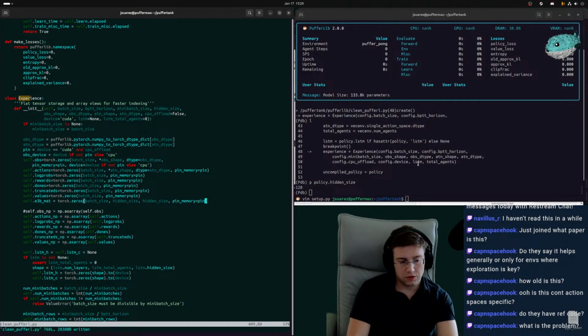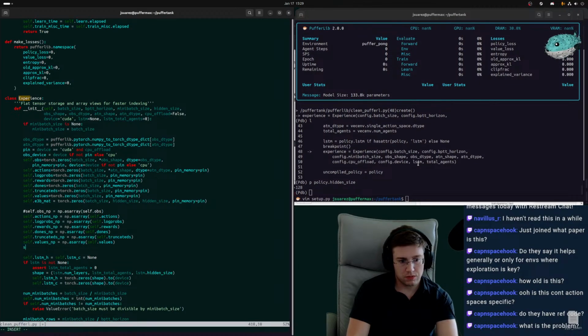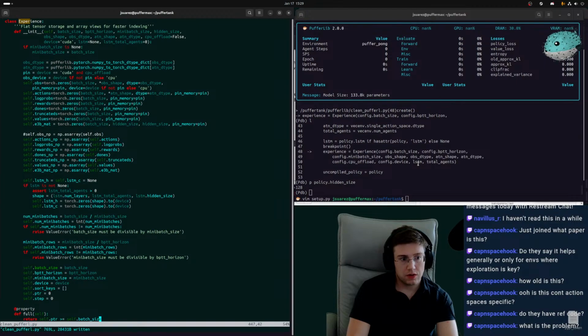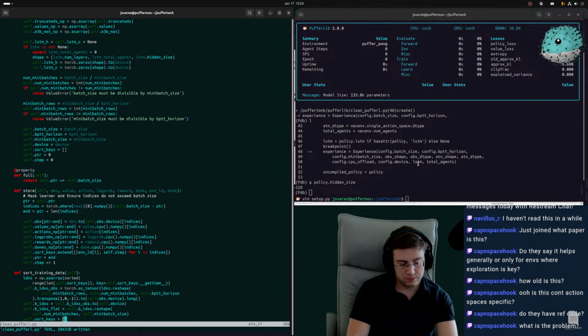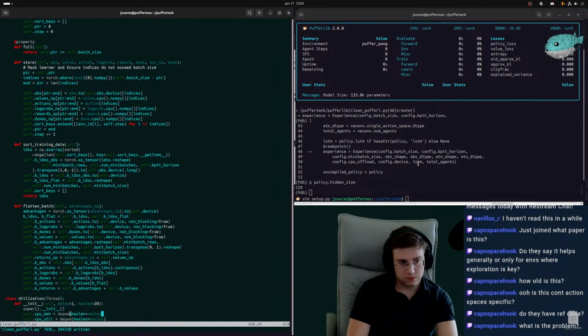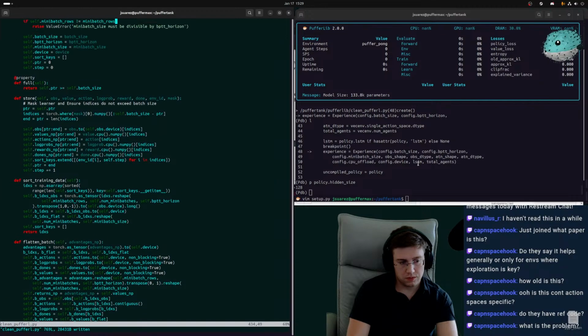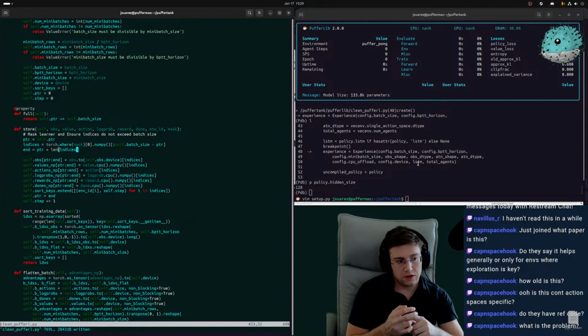Okay, so this is the E3B map. And then we do this. Now we have storage. And do we need to do anything with this map?